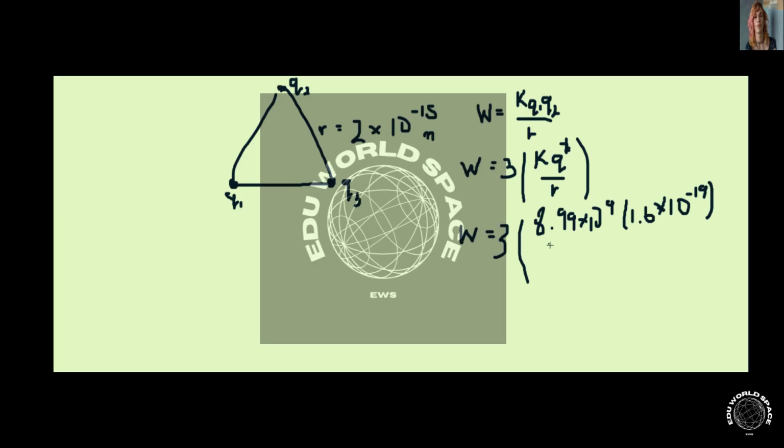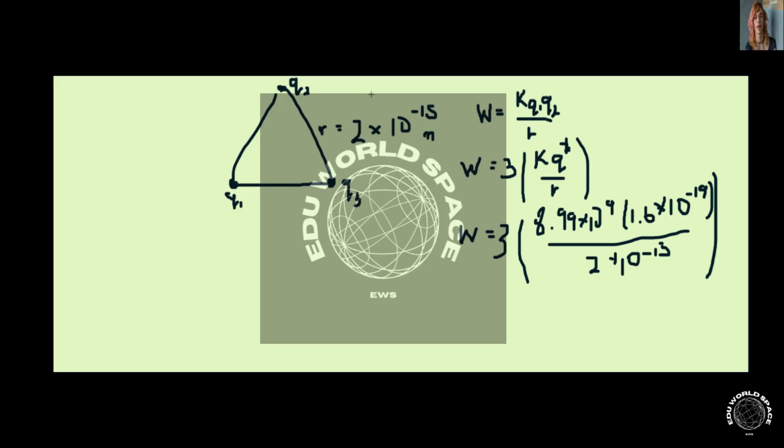All right, and then over the radius, which we already said was 2 times 10 to the negative 10. So this is the final equation.